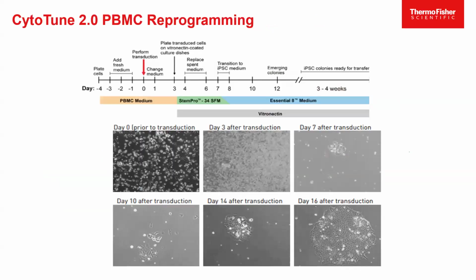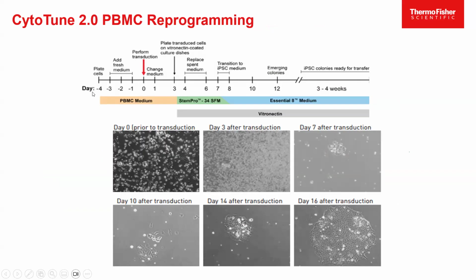And this is just an example of one of those blood-derived reprogramming protocols with the Sendai kits, right? You'll see that it's very similar to the fibroblast reprogramming in a sense, maybe towards the later end of the protocol. But in the beginning, for PBMCs, we typically have a culture period.